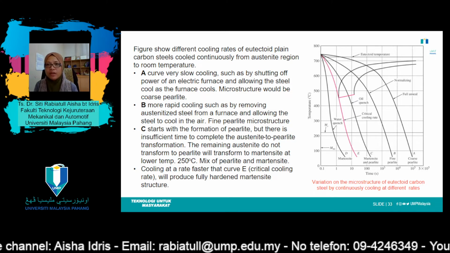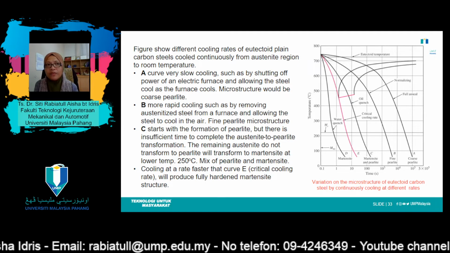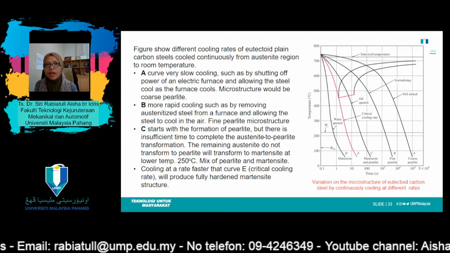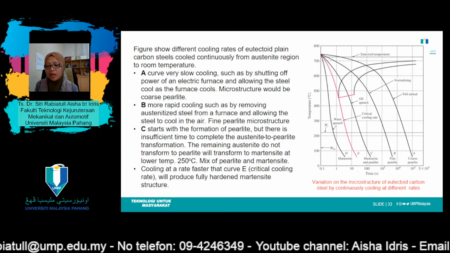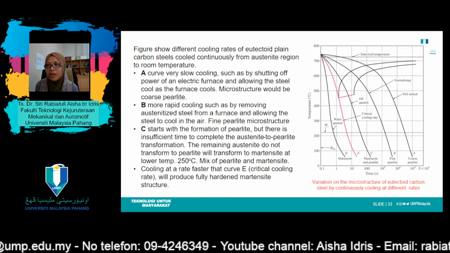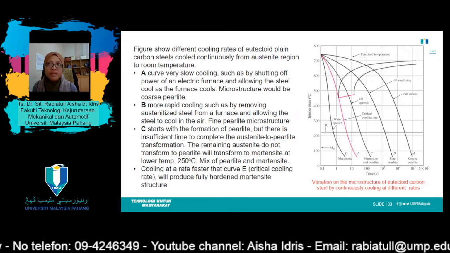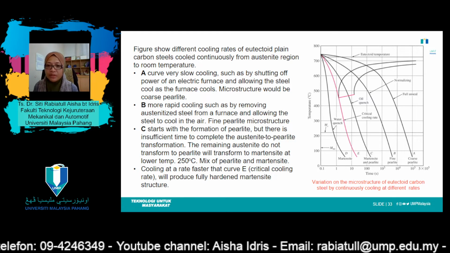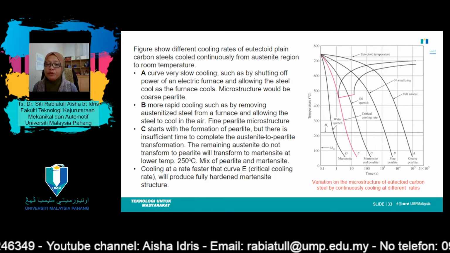Imagine you have a furnace, then you place a steel sample in it. After it reaches a certain temperature, you open up the furnace, take out the specimen and put it somewhere for it to cool down on its own, in normal air at normal temperature. From there, fine pearlite will be produced.